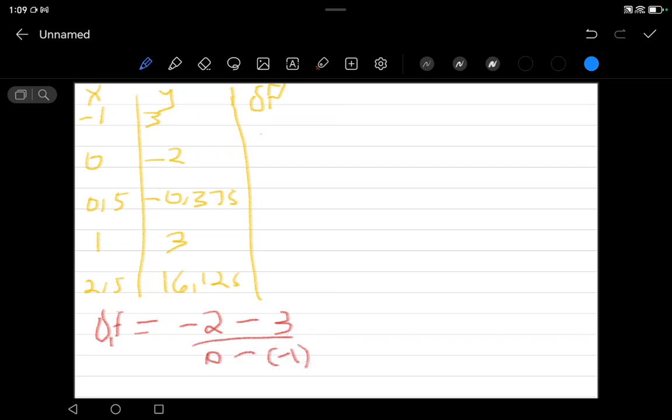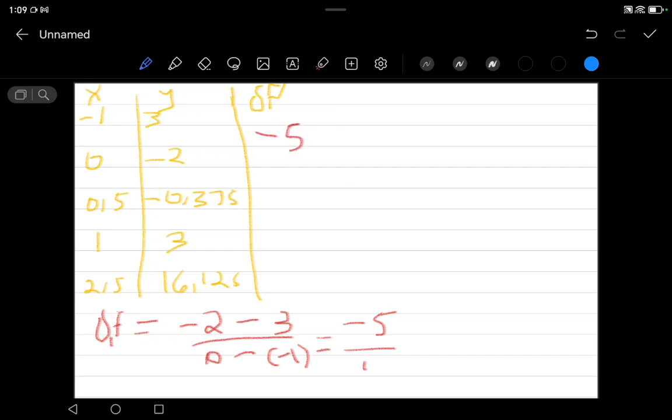We take y values and divide them by x values. Remember, we're doing divided difference, so we are dividing. So it's y1 minus y0 over x1 minus x0. So it's minus 2 minus 3 over 0 minus negative 1. Do you get it? Yeah. So the value is minus 5, because minus 2 minus 3 is minus 5, and 0 minus negative 1 is positive 1. So the answer here is minus 5.